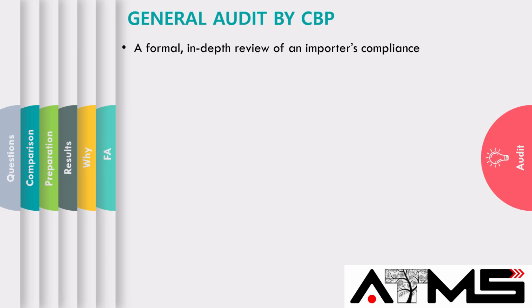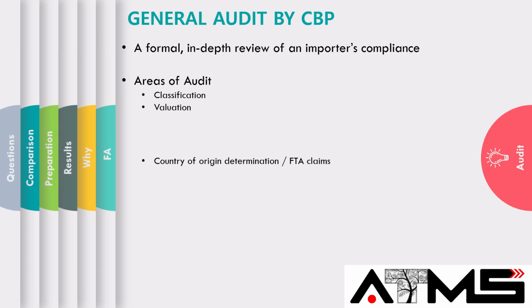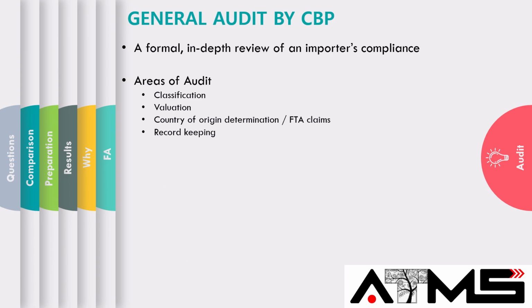Key audit areas include whether the HTS classification is accurate, whether the customs value is correctly calculated, whether the country of origin or FTA claims are applied correctly, whether records are kept for the required 5 years, whether duties are paid on time, whether anti-dumping or countervailing duties are properly followed, and whether all partner government agency requirements are met.